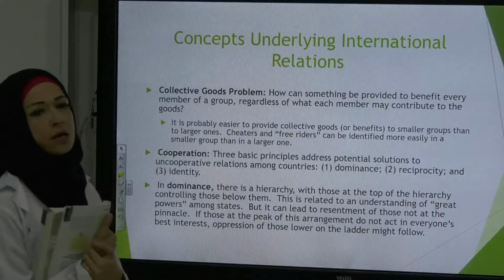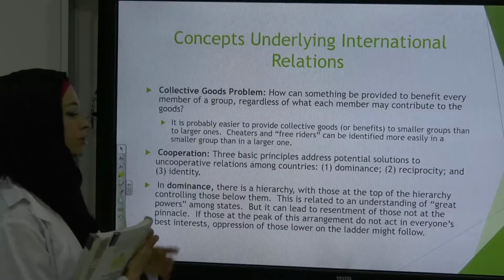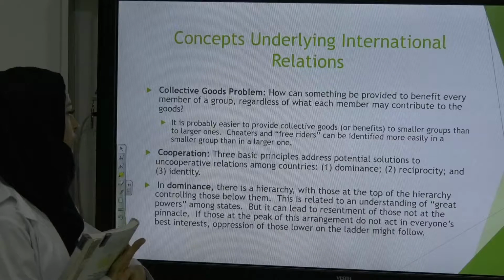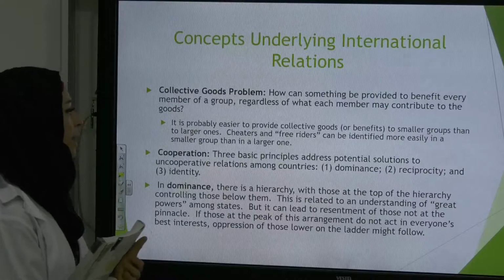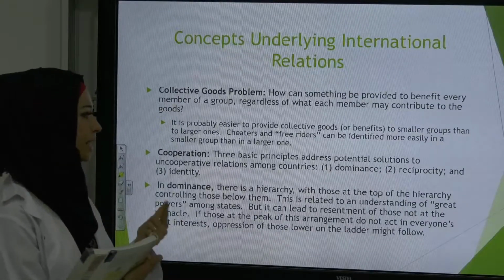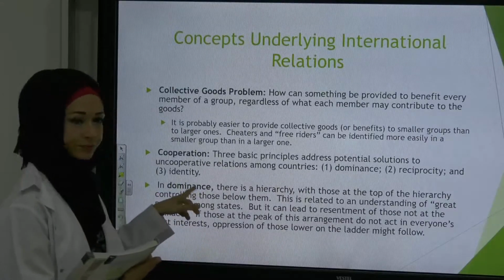Now, the definition of cooperation. There are three basic principles that address potential solutions to uncooperative relationships among countries. And that includes, first of all, dominance, second, reciprocity, and identity.